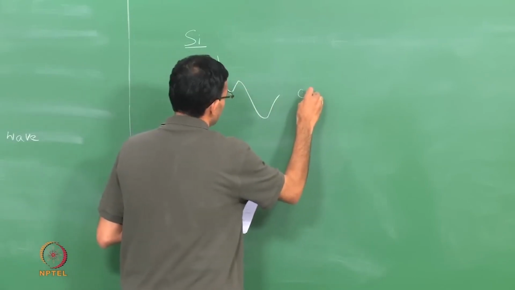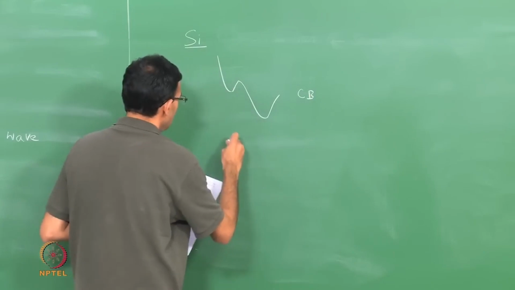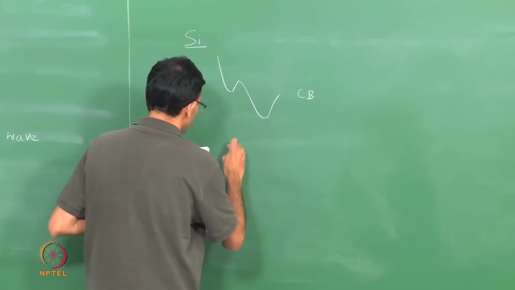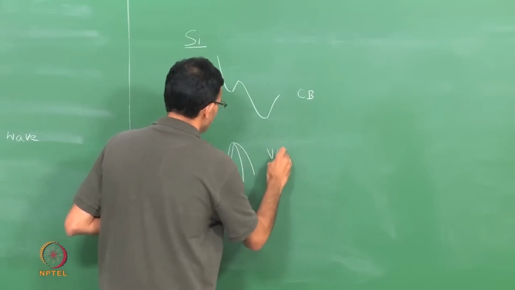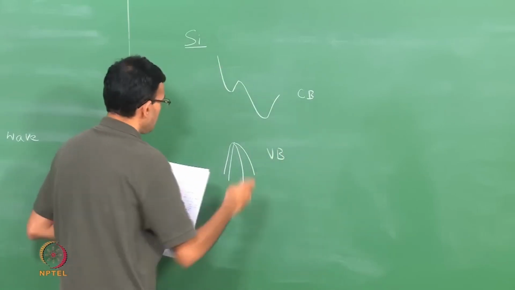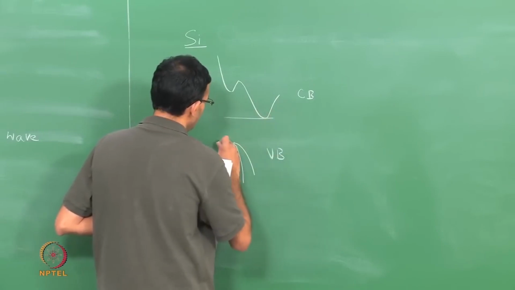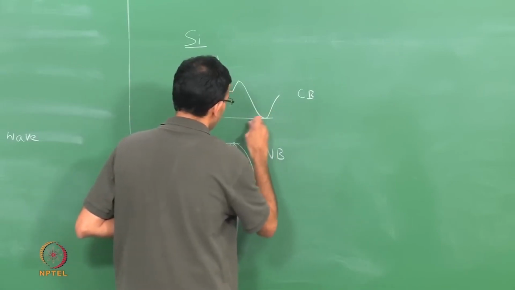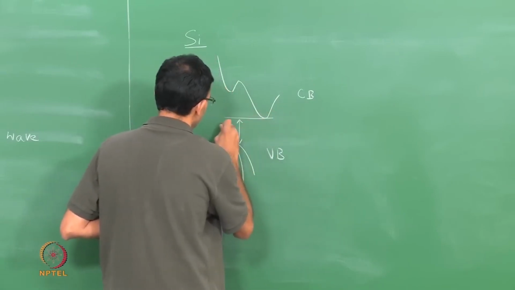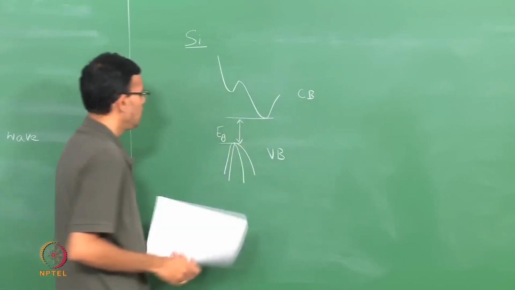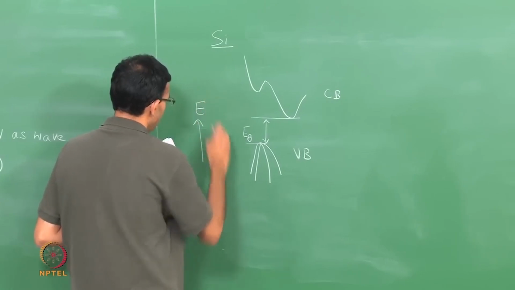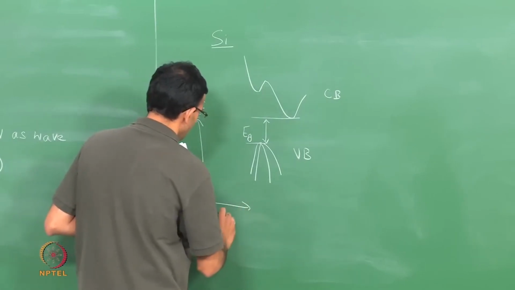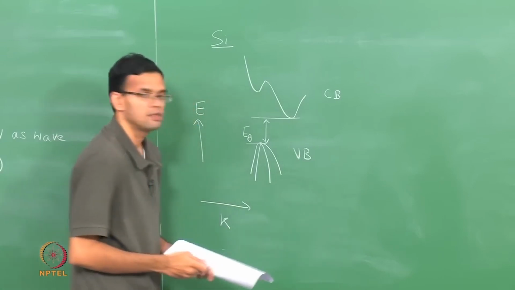This is the conduction band, this is the valence band, and there is a band gap between the valence band and conduction band, this is Eg. In this plot, E is on the y axis and k is along the x axis.